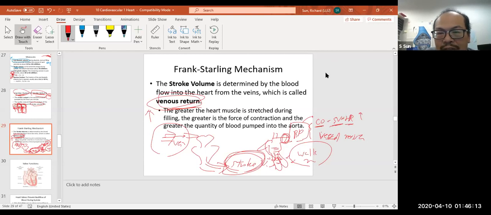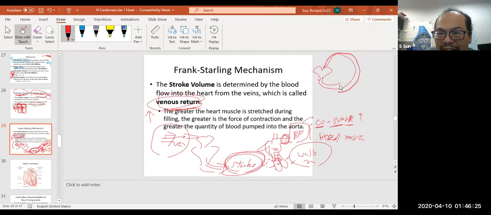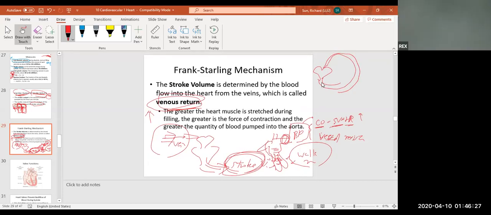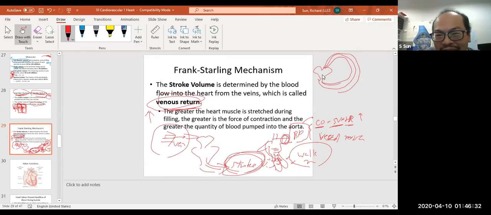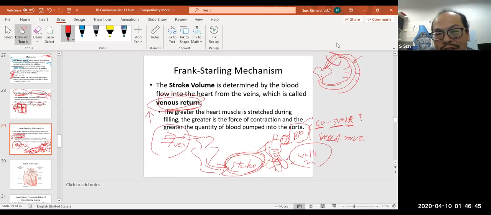So if say your heart pushes the blood out and it comes back, if it's all very smooth, then there will be less pressure. But if you squeeze it, then your pressure will increase.